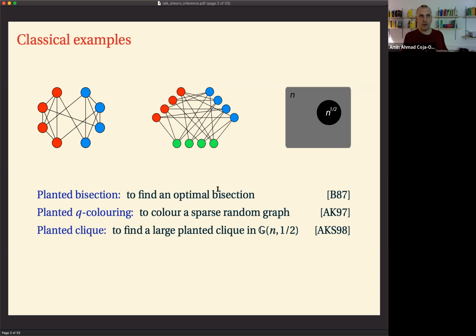And in a purely random graph, obviously, you would have a maximum clique of order log n typically. But interestingly enough, in the planted model, we can't do much better than actually identifying the planted clique once its size is as large as about square root n. And this result with the square root n order was already obtained by Alon, Krivelevich, and Sudakov in 1998.